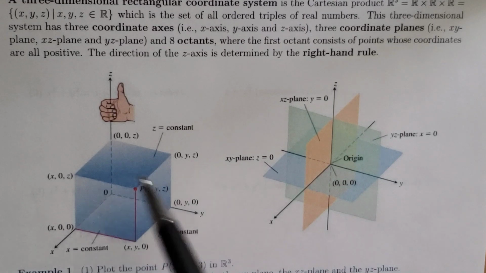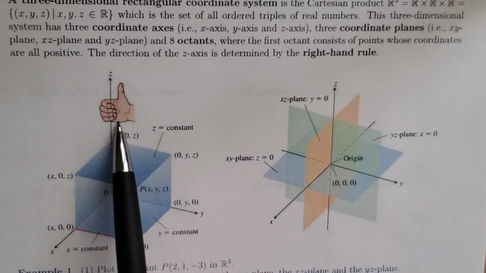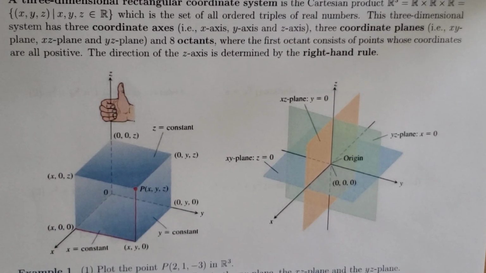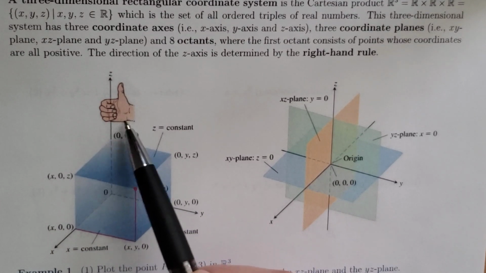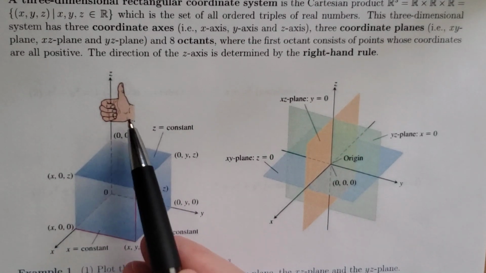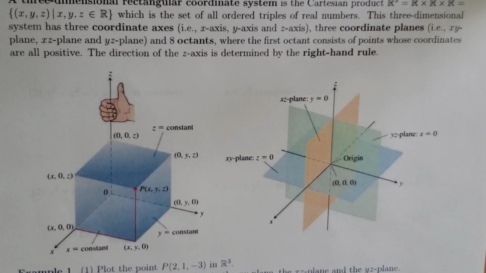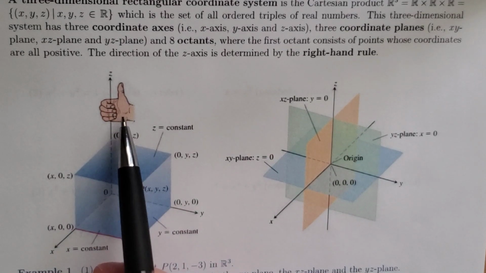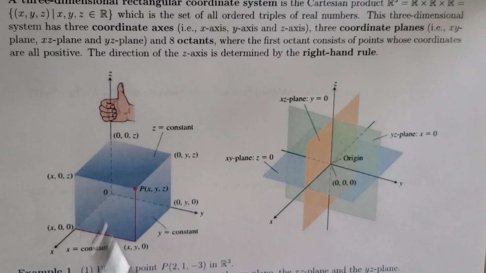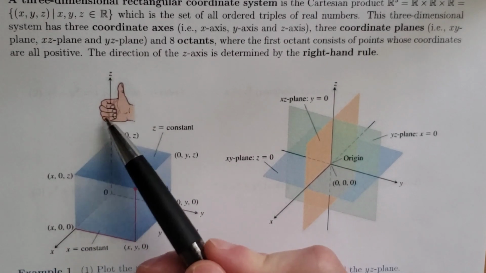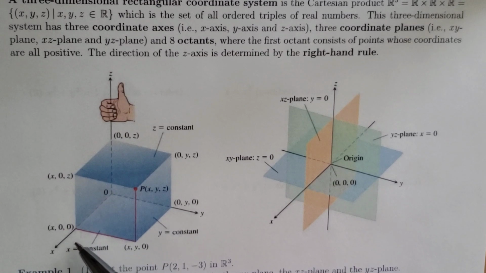Now we could orient this really any way we wish, as long as we follow something called the right hand rule, which is if you hold your right hand like this, as shown in this picture, your thumb will point in the positive z direction, your arm will point in the positive y direction, and your fingers will curl towards the positive x direction.